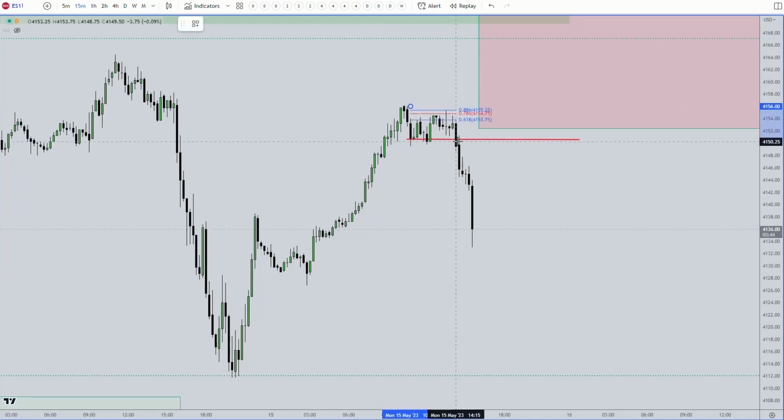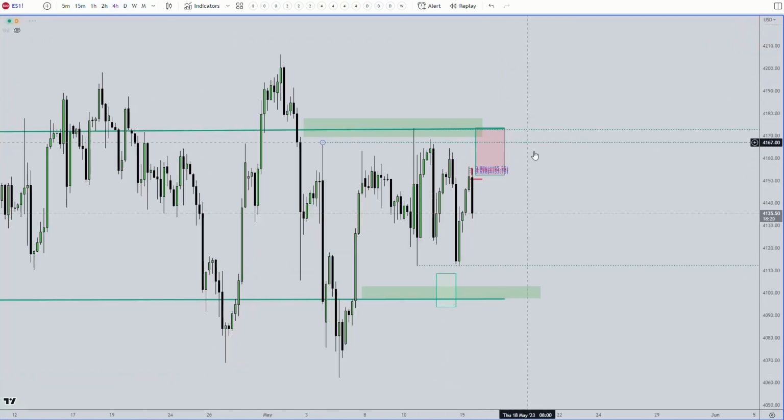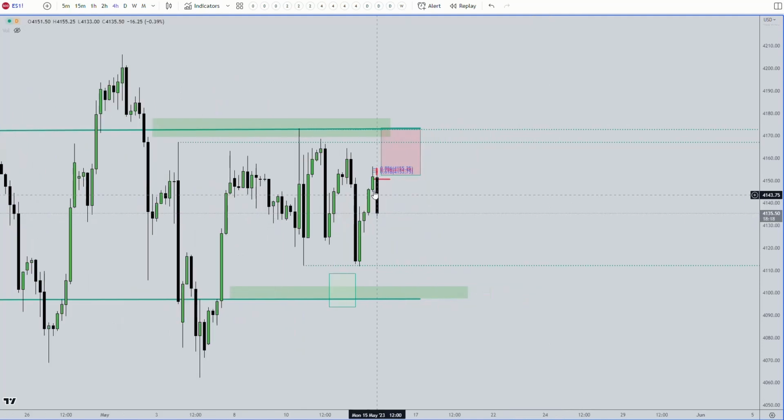If you project it again from the high, you see where did we reject from? Roughly the area of the target box. Did we have any fair value gap confluences here? No. However, we do know that we have seen a trend shift for the moment. So going back out to the 4-hour time frame, we can assume at least some of these fair value gaps to be filled in.